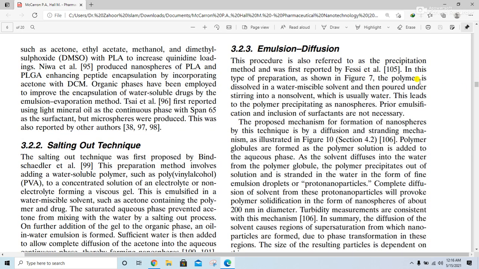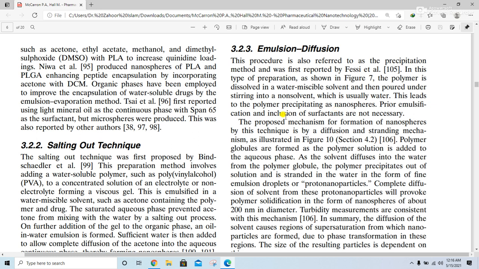first of all, you will have to dissolve the polymer in a water-miscible solvent. After that, we pour it under stirring into a non-solvent, which is usually water. This leads to the polymer precipitating as nanospheres.